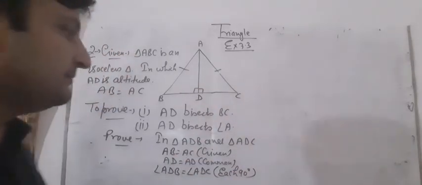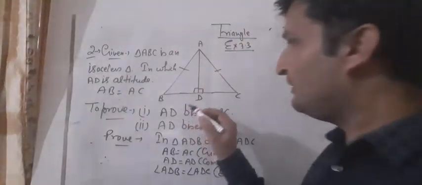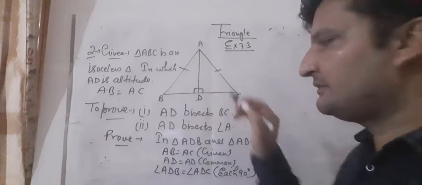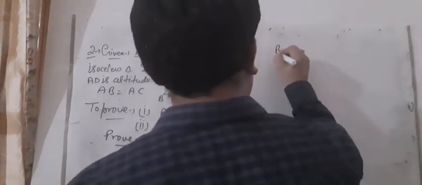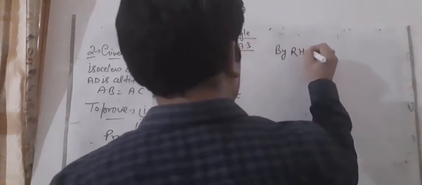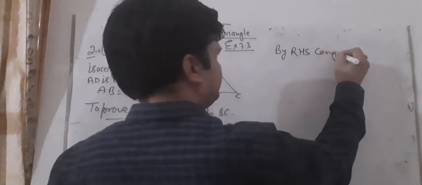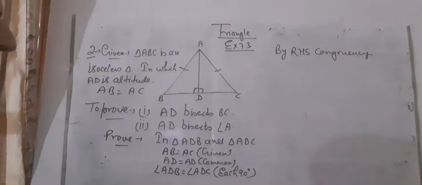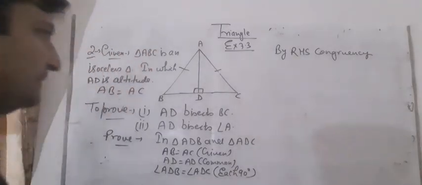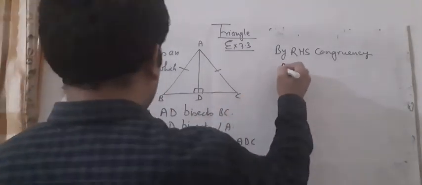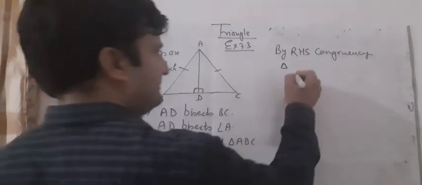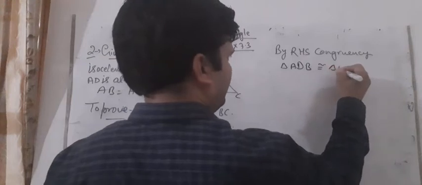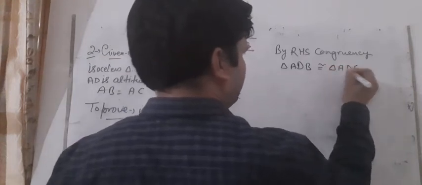So what will we write? Look here, this is the right angle, this is the hypotenuse, and this is the side. So we can say that by RHS congruency, meaning right angle, hypotenuse, side, triangle ADB is congruent to triangle ADC.